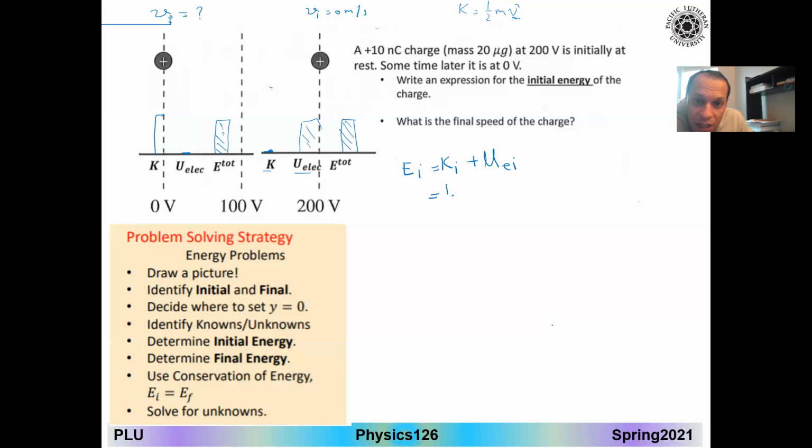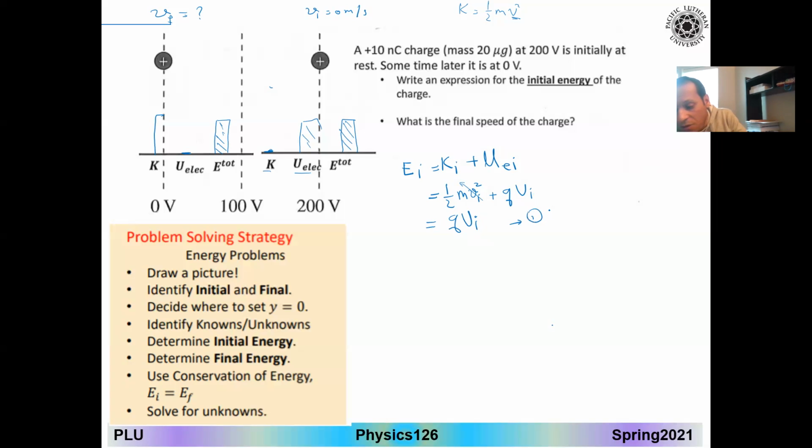I have the kinetic energy, half mass multiplied by v squared, let's call it v i, plus the electrical potential energy, basically just Q times V i, whereas V here is volt. Now here we have 0, since we don't have initial velocity, it will be 0. So you end up with this equation, the initial energy equals Q times V i, where V i equals 200. Okay? So this is equation number 1 for the initial energy.